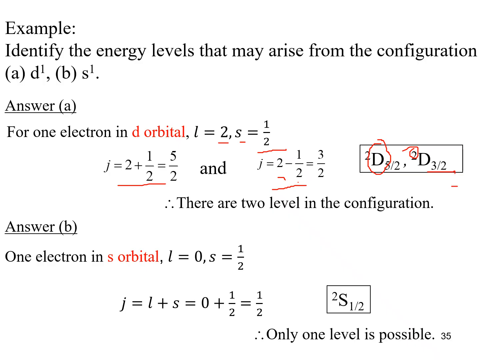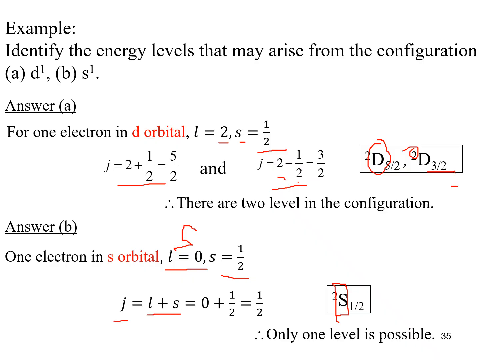While for one electron in s orbital, it has the orbital angular momentum quantum number L equal to 0, and the state symbol is capital letter S. Therefore, we have the term symbol with state symbol of capital letter S, and with only one electron, the spin quantum number equals 1/2.